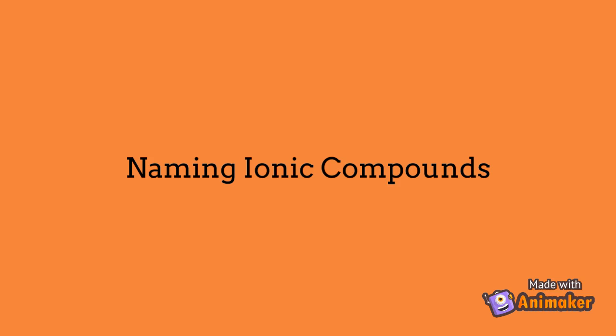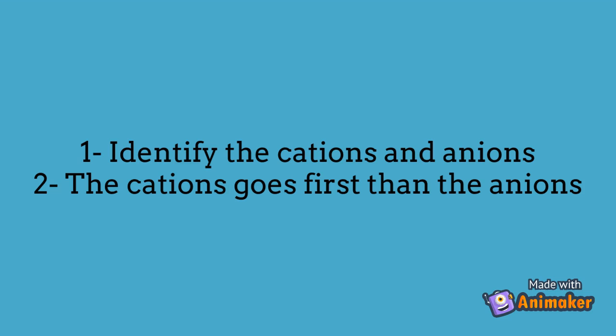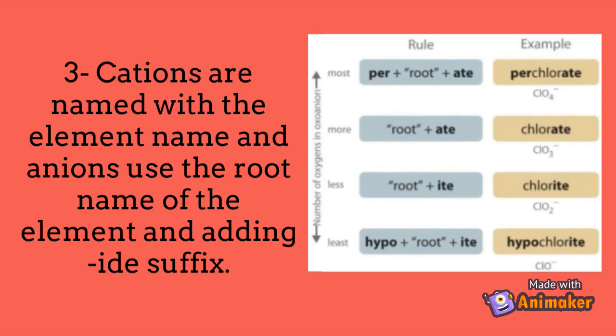Now, naming ionic compounds. First, identify the cations and the anions. Then, write the cations first, then the anions. The cation's name stays the same, but the anion's name is left with the root name and then has the suffix "-ide".